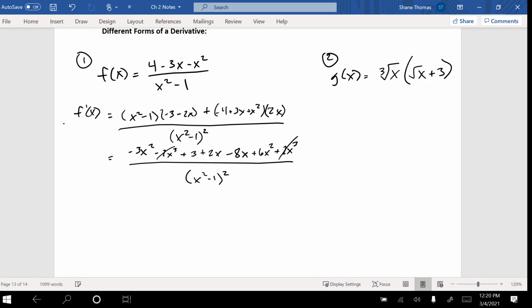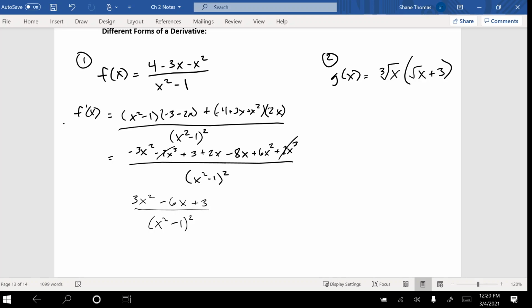Here and here. X squareds, I'm going to have 6x squared, 3x squared, negative 3x squared would be 3x squared. Okay. X's, I'm going to have negative 6x and then plus 3. What you got? Okay. All over x squared minus 1, squared.